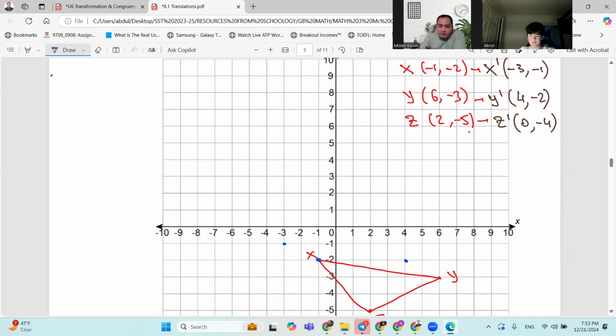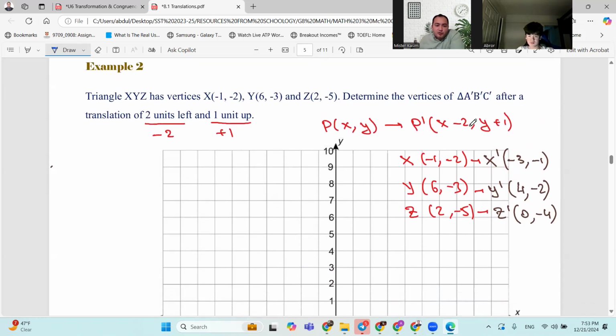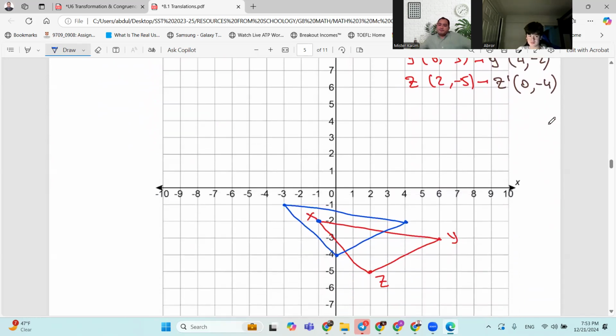And 0, -4, it is here. And now if you just connect these points, you will get the translation of this figure of 2 units to the left and 1 unit up. So this one is Z prime, X prime, Y prime.